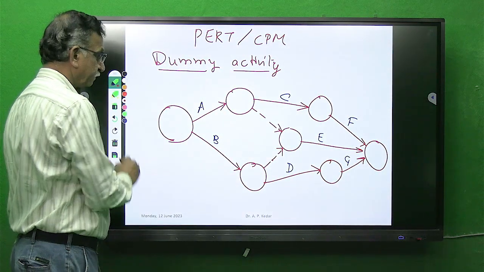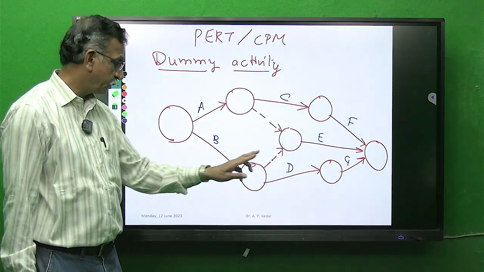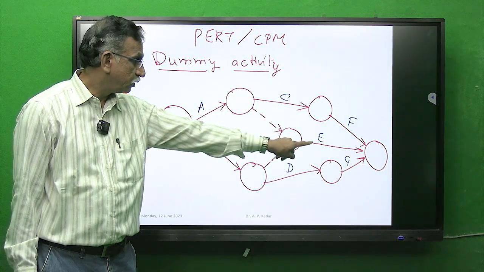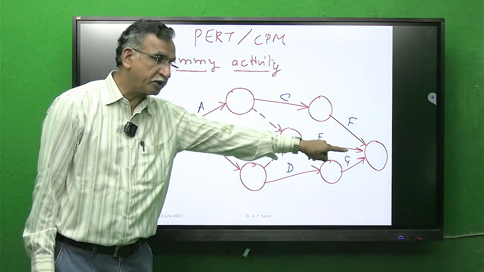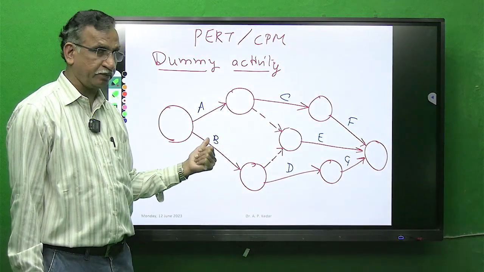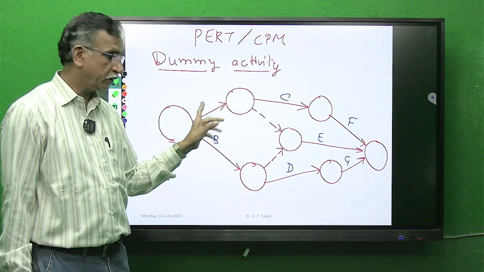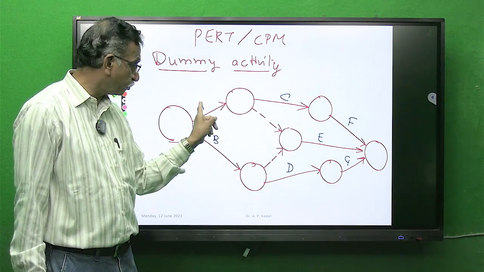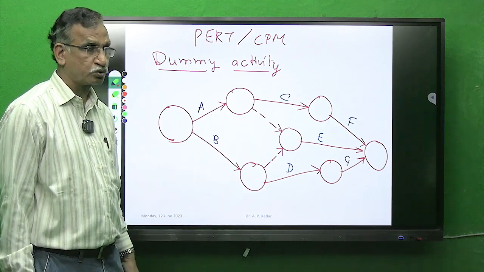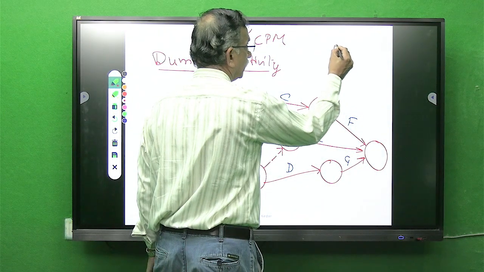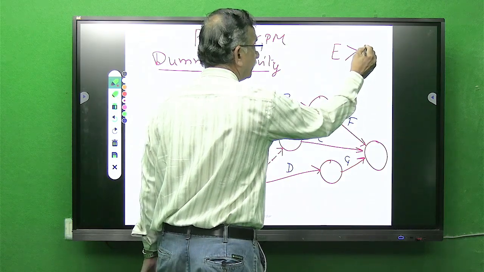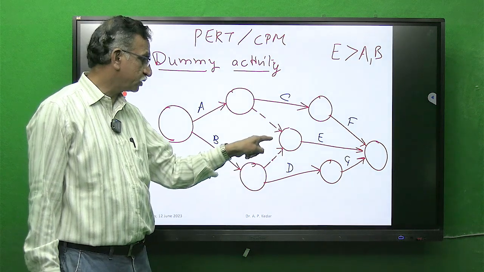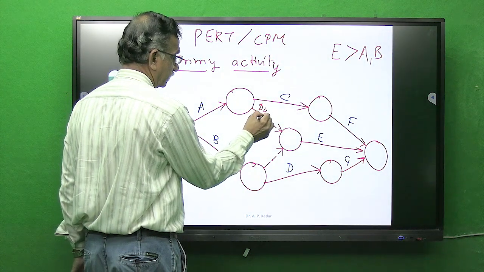Now how to interpret? C depends only on A, D depends only on B, but if the situation demands that E, which is a terminating activity, depends both on A and B, then to show this condition, E greater than A and B, I have to use the concept of dummy.